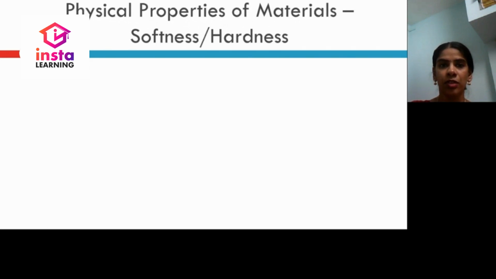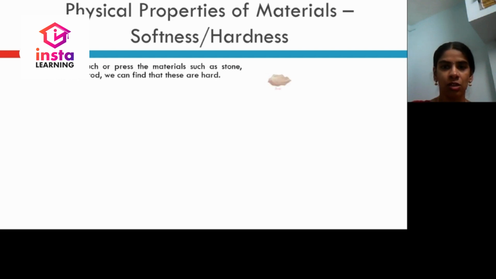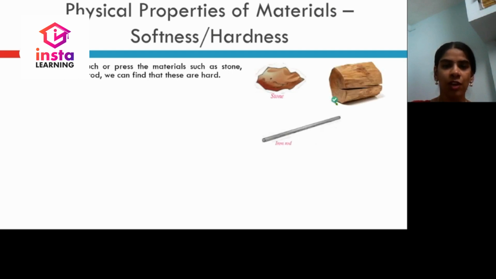Let us learn the physical property of the material, softness and hardness. When we touch or press materials such as stone, wood or an iron rod, we can find that these are hard.